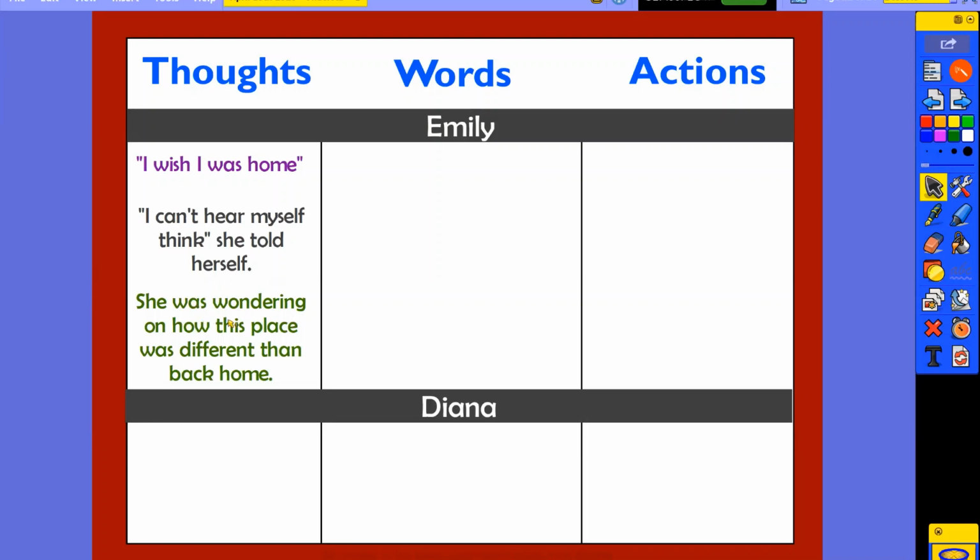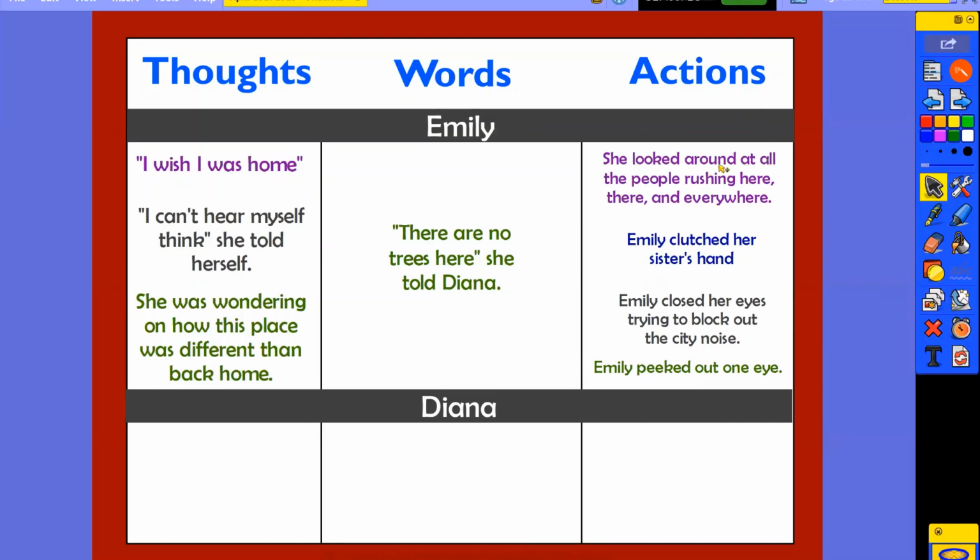She was wondering how this place was different than back home. Wondering means it's something that you are thinking of. Okay, so it's a thought. Let's check Emily's words. She only said one thing. "There are no trees here," she told Diana.